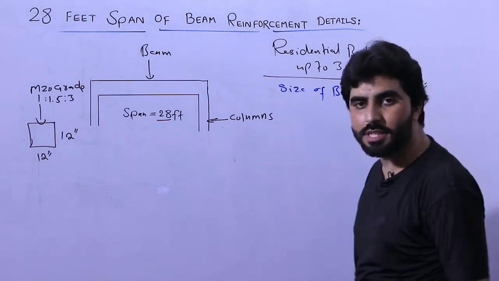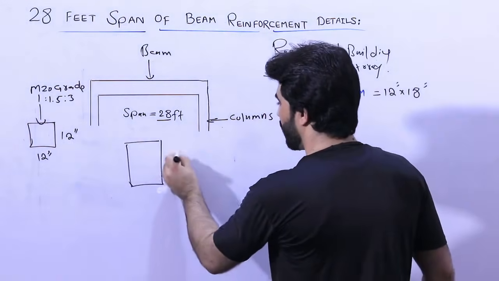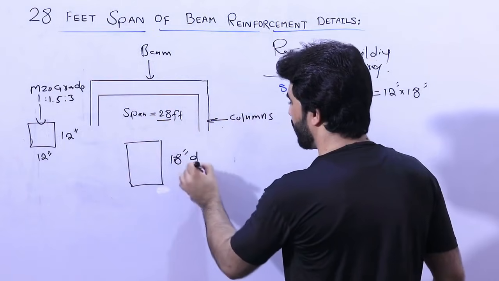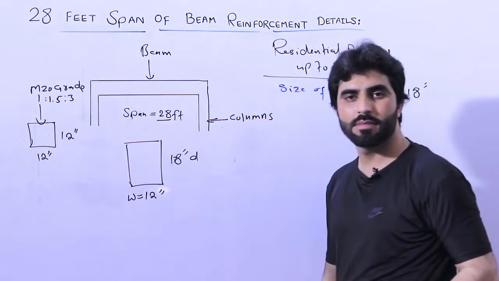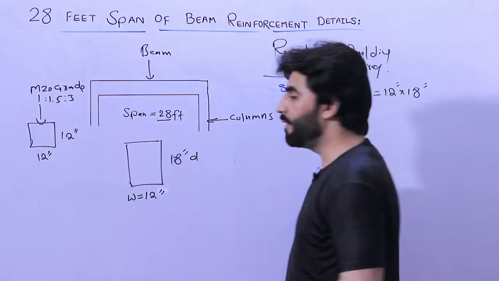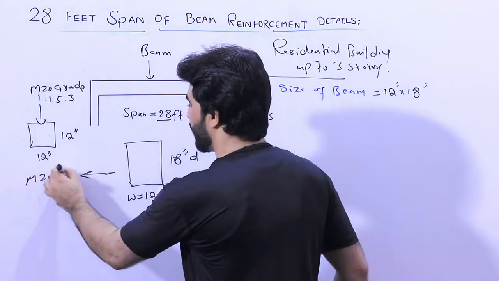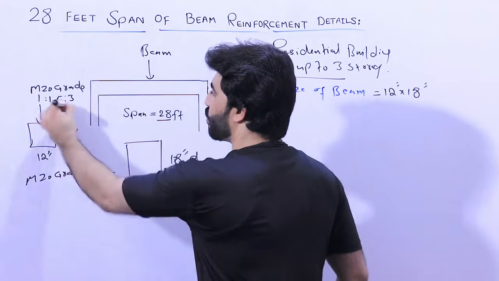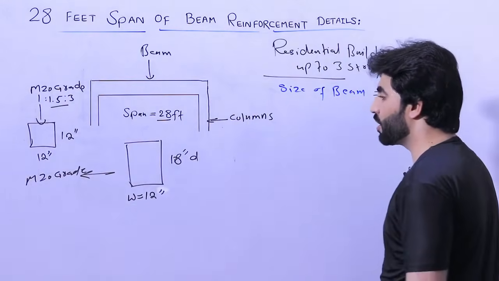Width is 12 inches, depth is 18 inches. Let me create its section. 18 inches depth and width is 12 inches. This is size of beam, where we already used M20 grade concrete. So therefore the size is 12 by 18 inches.